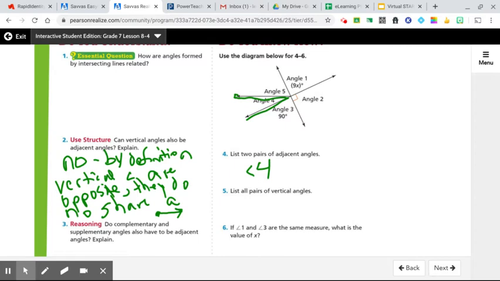So I can look at what shares a ray with either of those green marks that I just drew, and I see that angle 3 needs that ray. So I can say angle 4 and angle 3. I could stick with angle 4 and pick angle 5, which needs that ray to be formed. So angle 4 and angle 5.